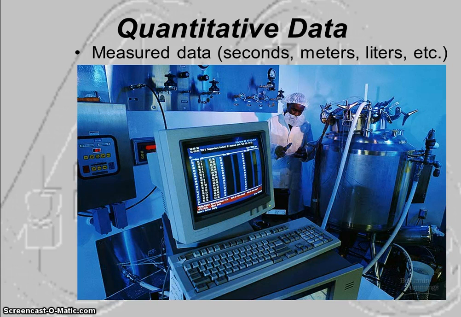So we're going to use seconds, meters, liters, densities, things that we can actually graph, put in a data table, right? Compare to other sets of data, so numerical data. And so we'll be calculating in biology class quantitative data, hard numbers, and then also qualitative data, because qualitative data can also give us a little bit more information about a topic. So this is just a quick overview of the scientific method that we'll be using throughout this year in biology.